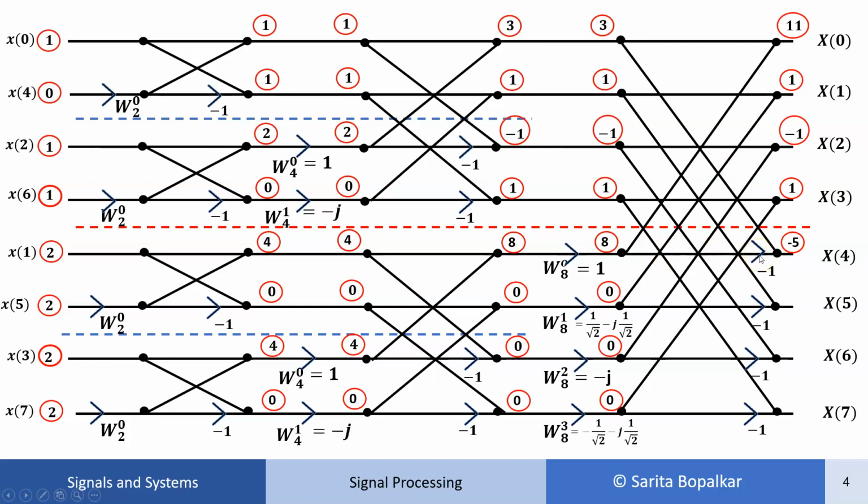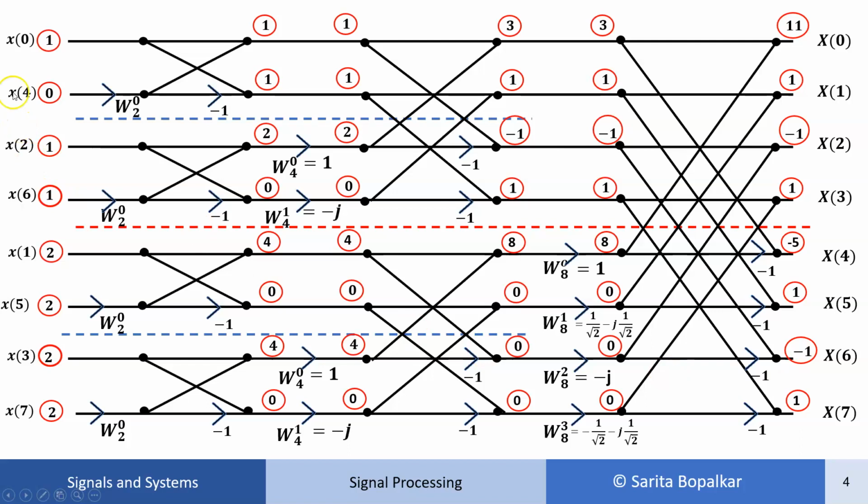So 3 minus 8 is minus 5. Similarly, you can calculate the other values. So this is our DFT. This is our answer, the 8-point DFT. So our X of 0 is 11, 1, minus 1, then 1, minus 5, 1, minus 1, 1. So this is our answer.